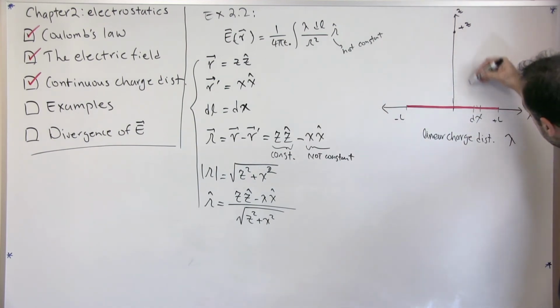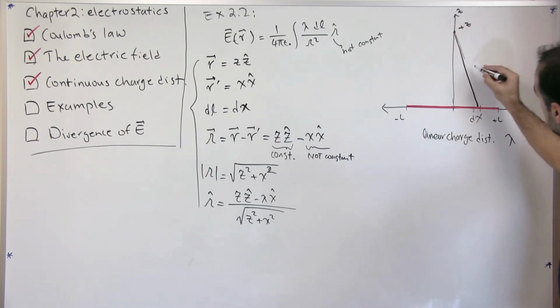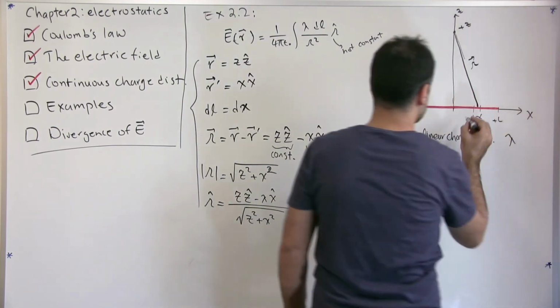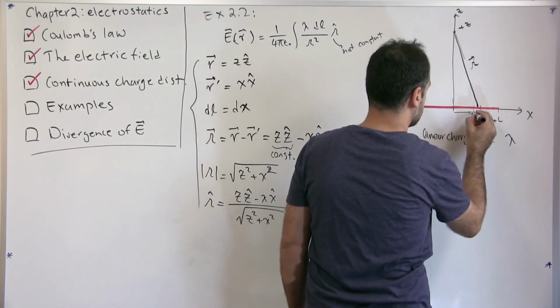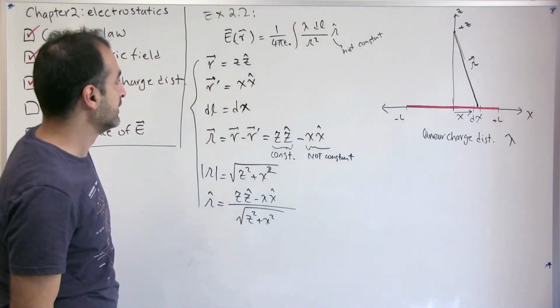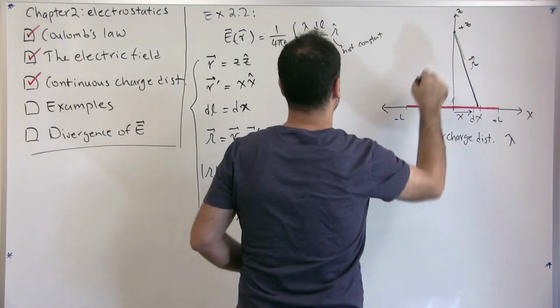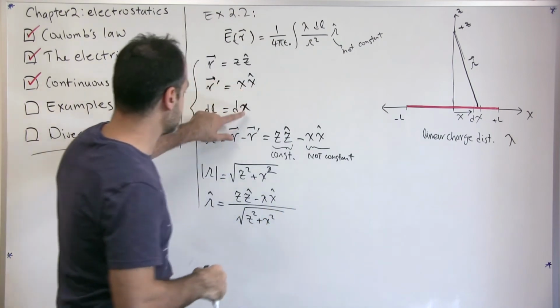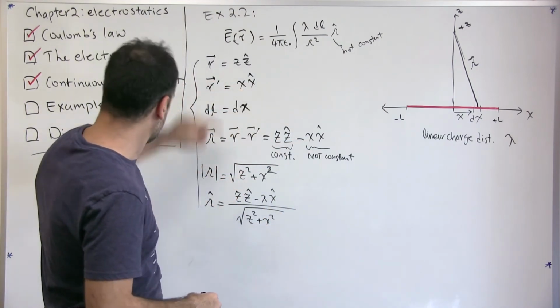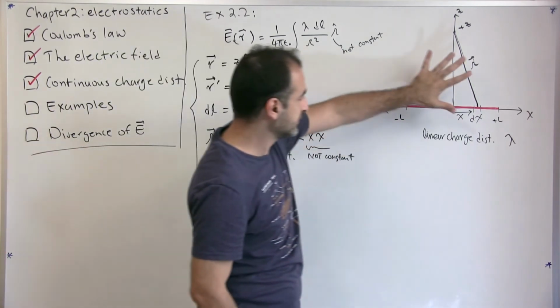And the distance of any of these elements all the way to z, this is the separation vector. And this distance from origin to here is x. So this is z, this is x, this is dx, and I think now all these variables are on the figure as well.